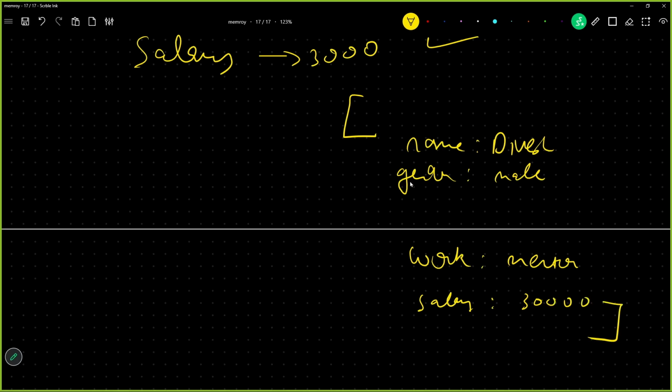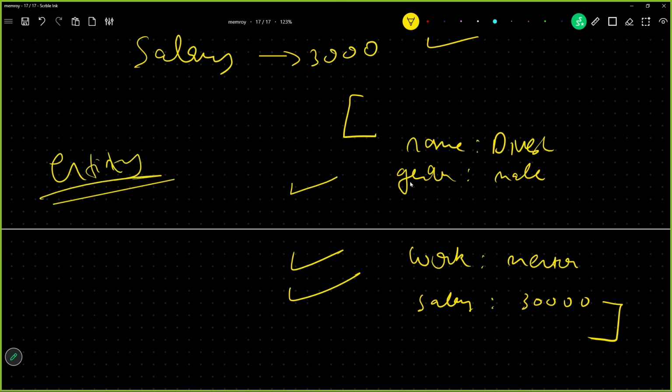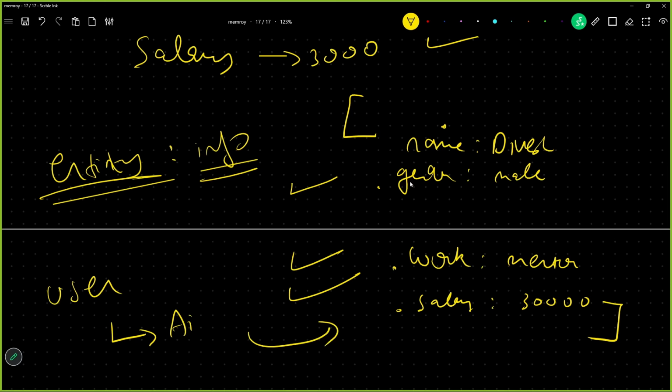Given a user query, it will internally make these kinds of entity maps. Why entities? Name, gender, work, salary are different entities, and these entities hold different information. Now whenever a user sends a message, the AI will dig into this entity memory, and from that it will give us the response.